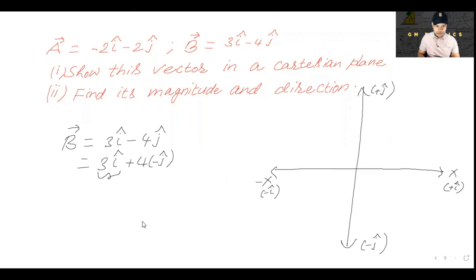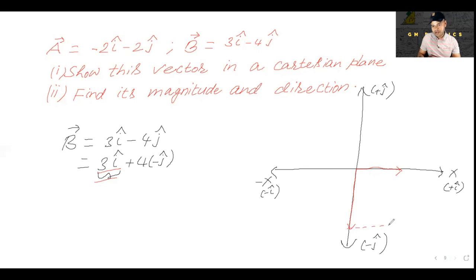So see here. The components of the vector, first of all, the x component, this is along positive x-axis. So draw 3 units along positive x-axis. Okay. And 4 units along negative y-axis. So go 4 units along negative y-axis.